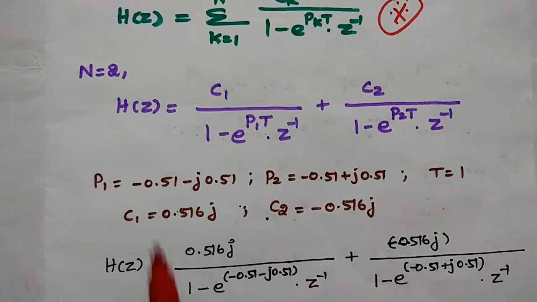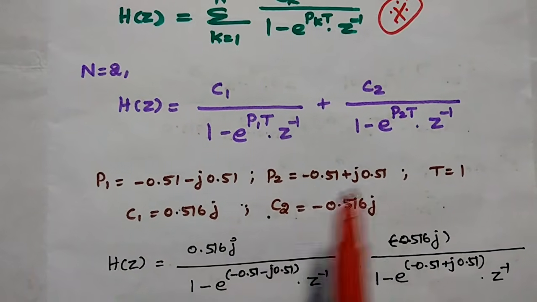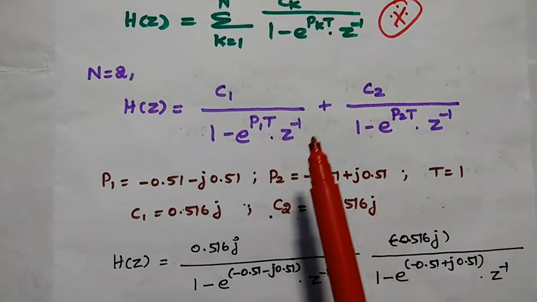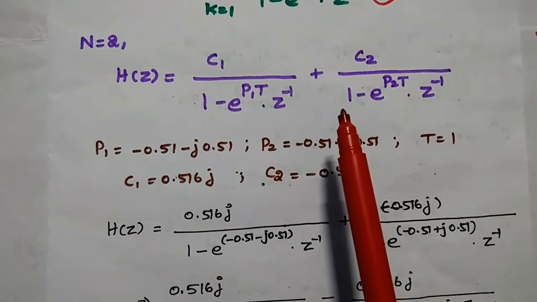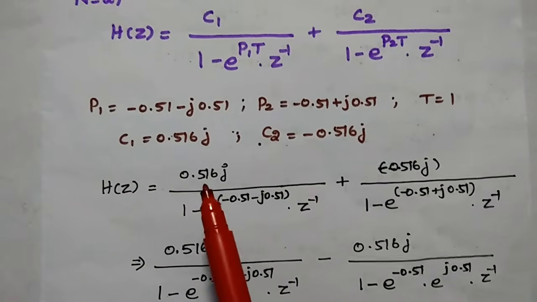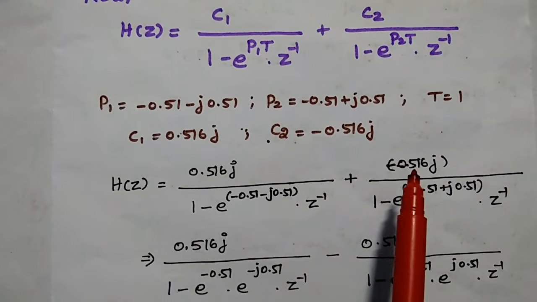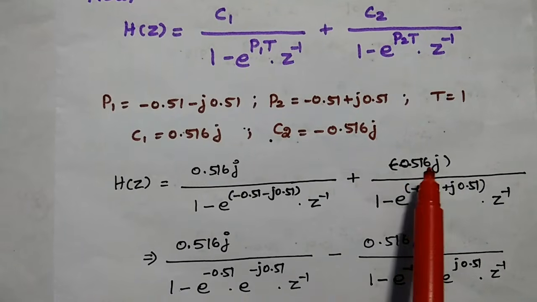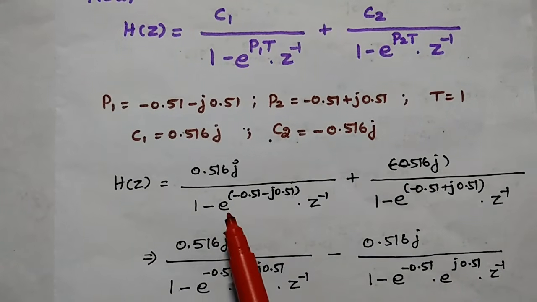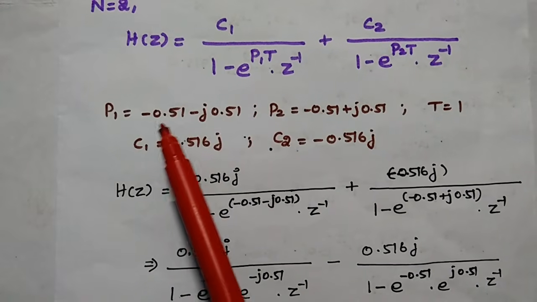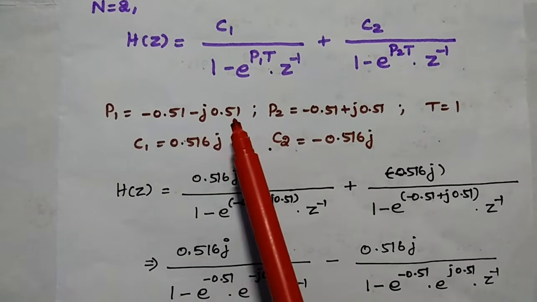As we know the values of P1, P2, T, C1 and C2, we are going to substitute all those values in this formula. Okay, then we can get C1 value is 0.516j and C2 value is minus 0.516j divided by 1 minus e power P1 value. What is the value of P1? Minus 0.51 minus j 0.51.